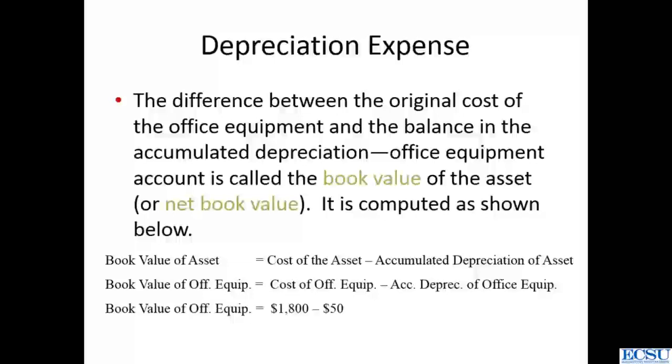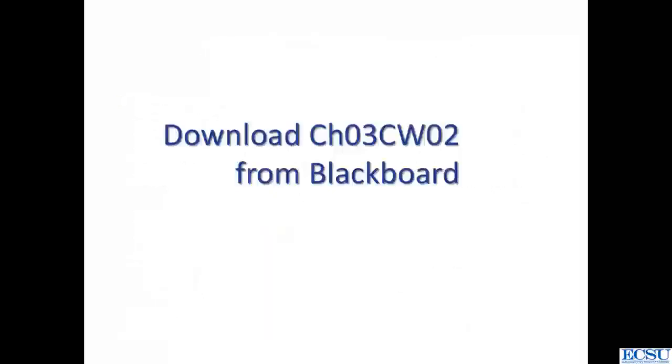For example, book value of office equipment in our case would be 1,800 minus $50, which is 1,750. So 1,750 will be considered as a book value. Now please go ahead and download chapter 3 classwork number 2 from Blackboard, and we'll be doing that problem with you.